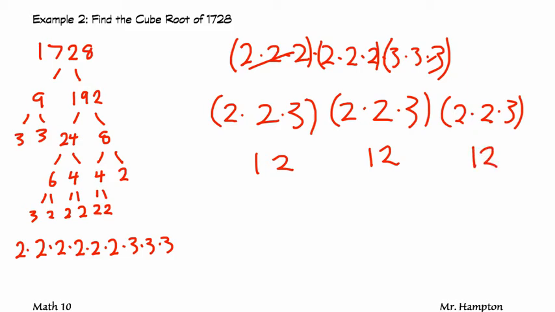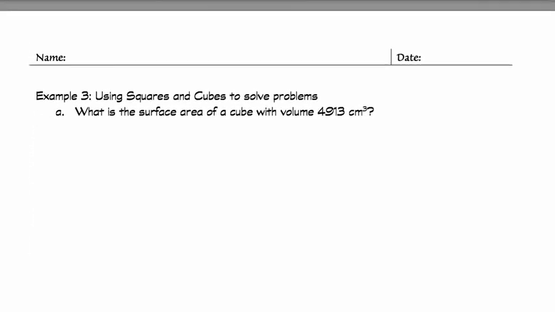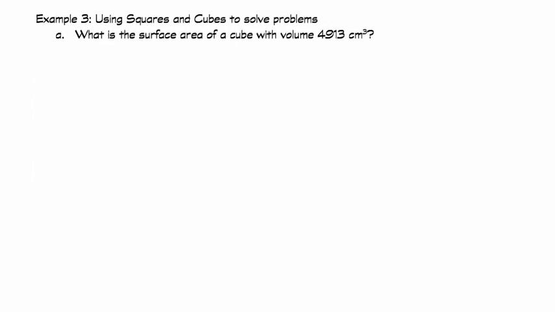So 1728 is the same as 12 times 12 times 12. So the cube root of this number is equal to 12. Now with that in mind, we want to solve some problems using those ideas.